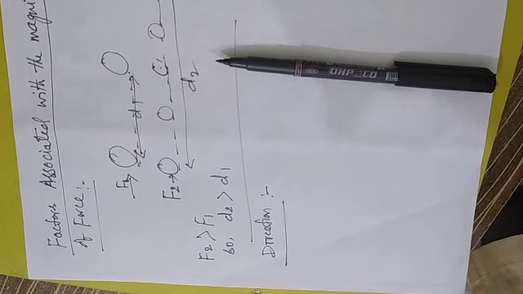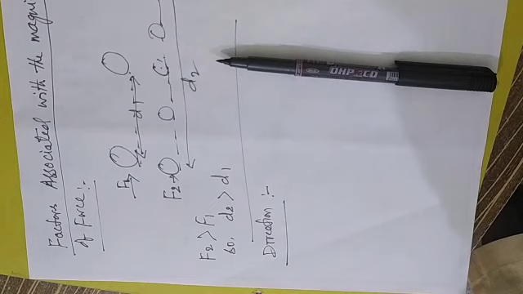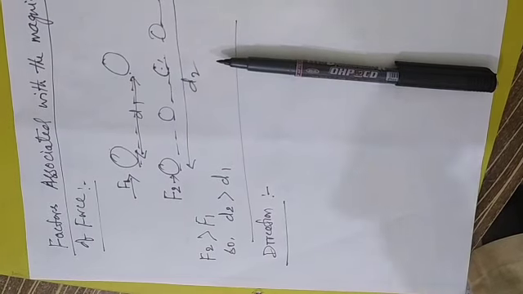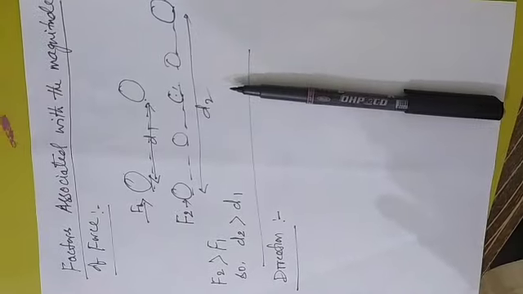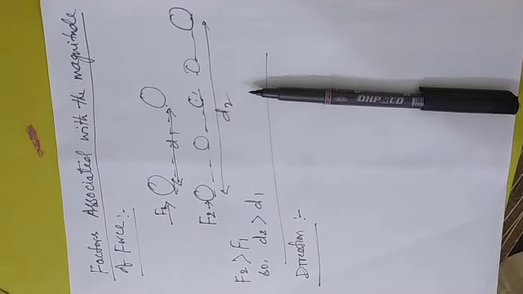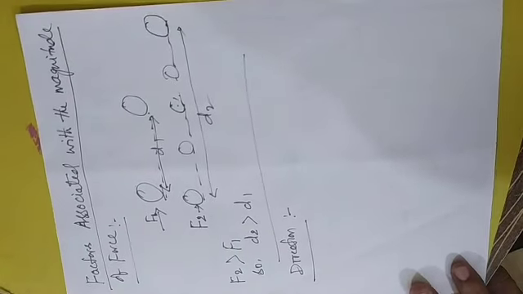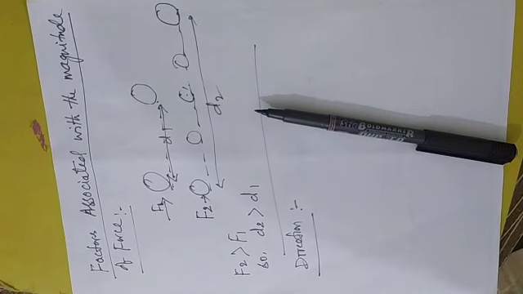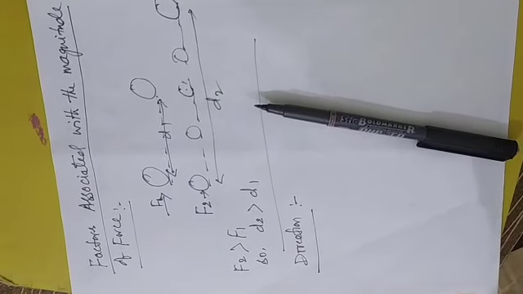So, you strike with another boy in the row, not strike with that boy. Here is the case of direction. So, whenever we talk about the force, then we must care about the magnitude of force as well as the direction of the force.